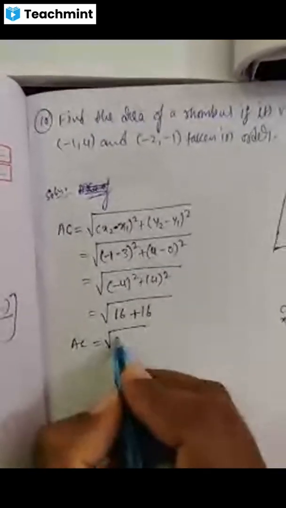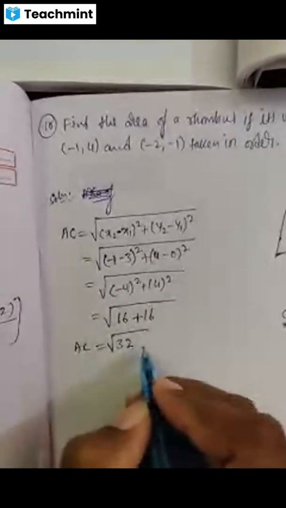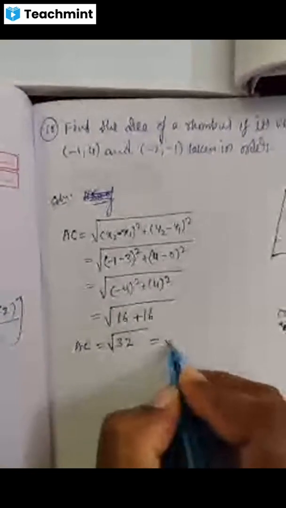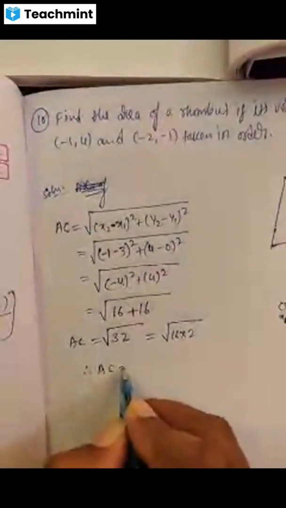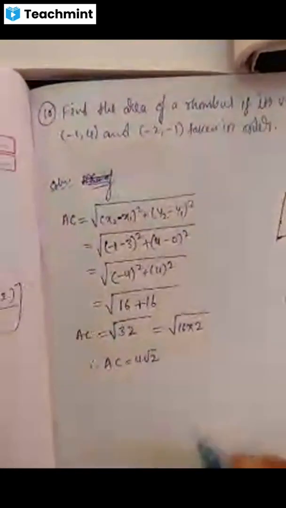AC is equal to square root of 32, that is 16 into 2. Therefore, AC is equal to 4 root 2.